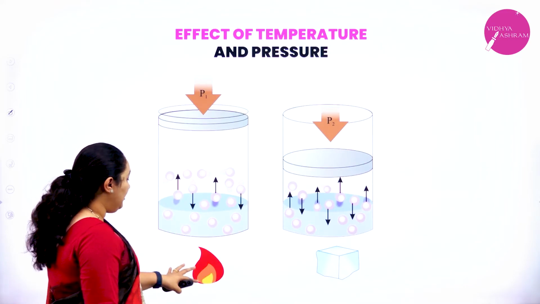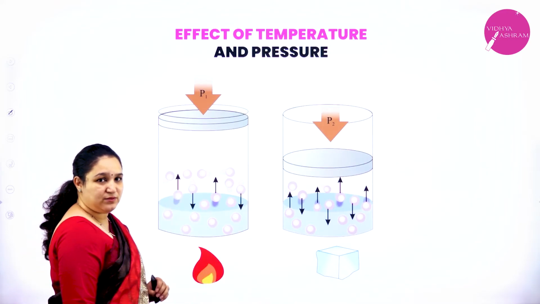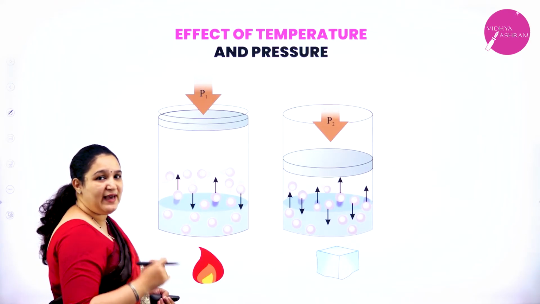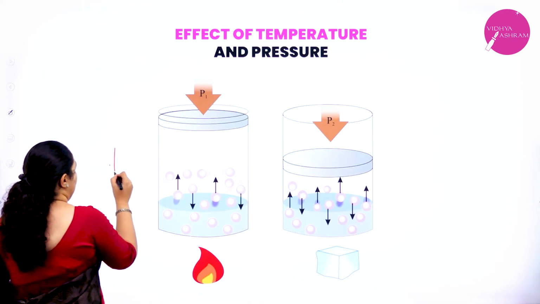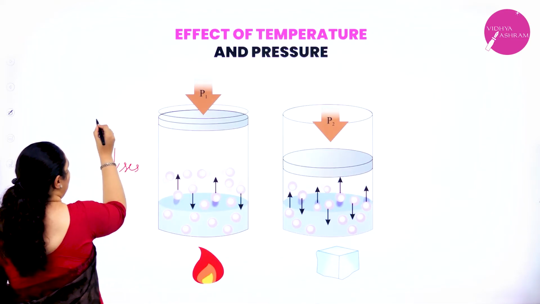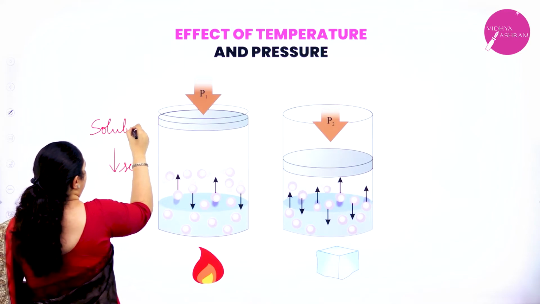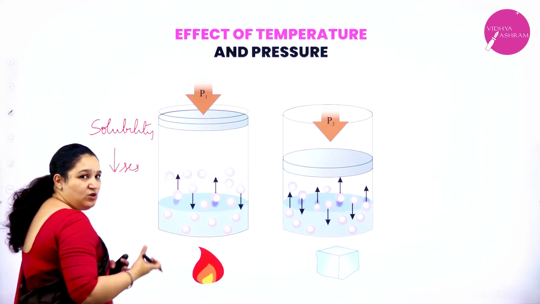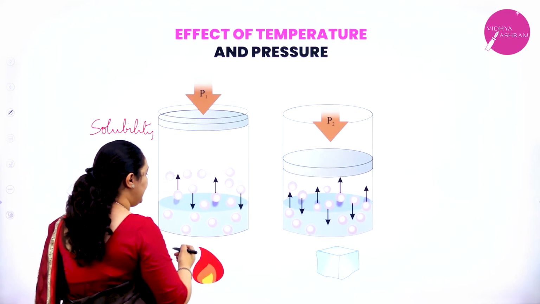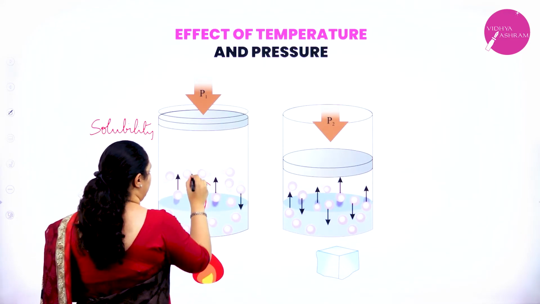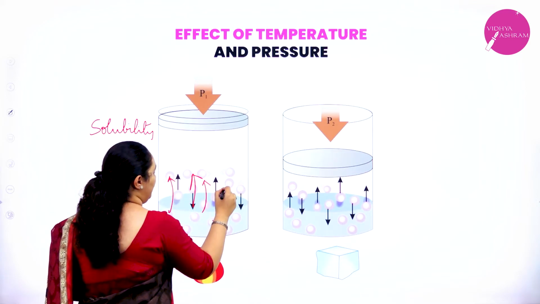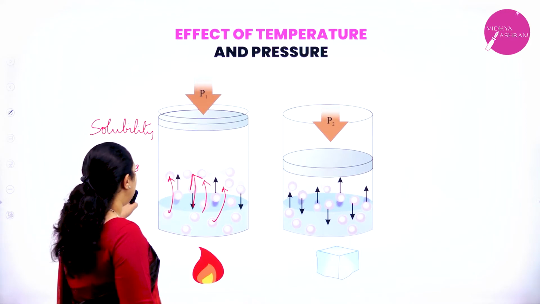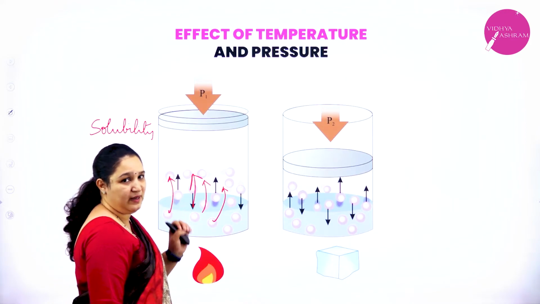Now if I increase the temperature, the solubility of a gas in a liquid decreases. Why? Because as you are heating it up, the gas tends to escape. It will start escaping from the solution phase.